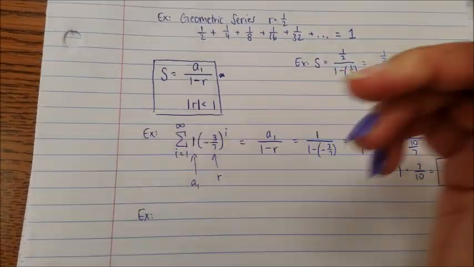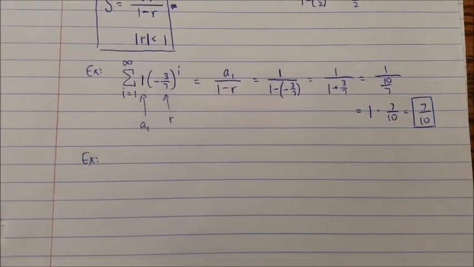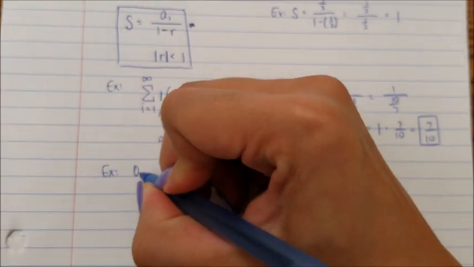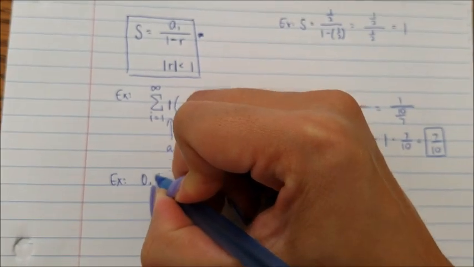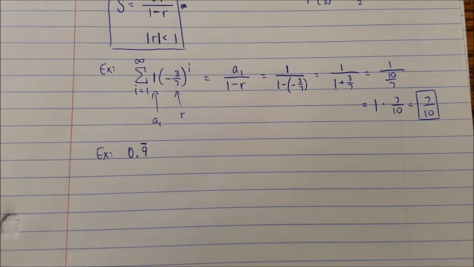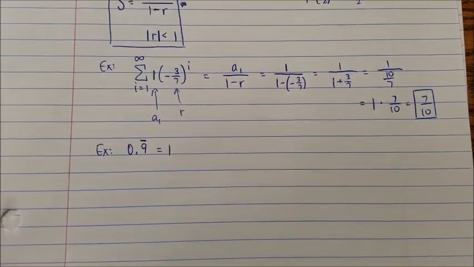Okay. Another cool thing we can do with this formula is actually to rewrite repeating decimals. So let's say we had the repeating decimal 0.9 repeating. This is kind of cool because this technically equals 1, and I will show you why.